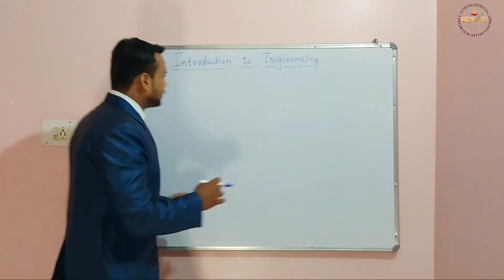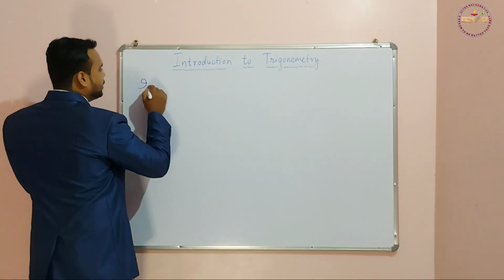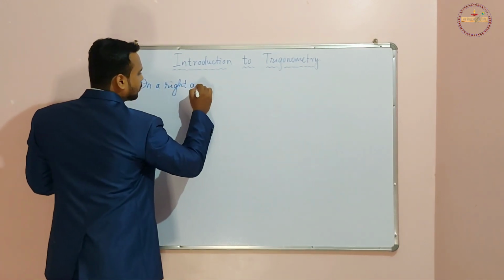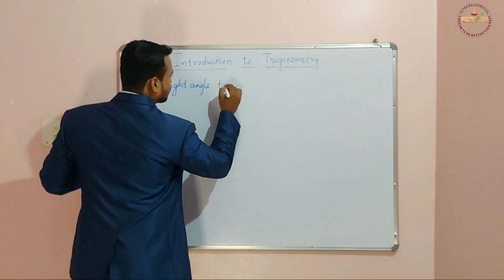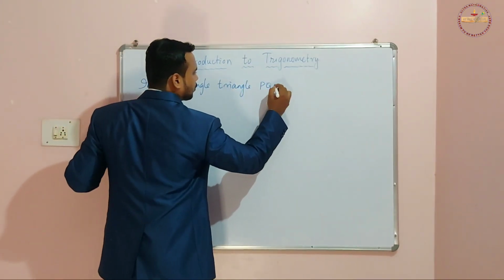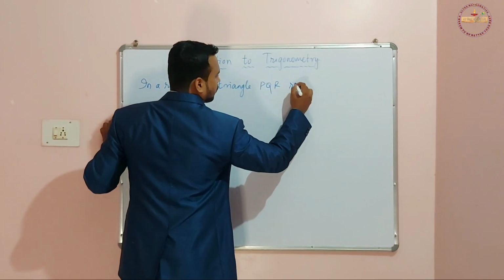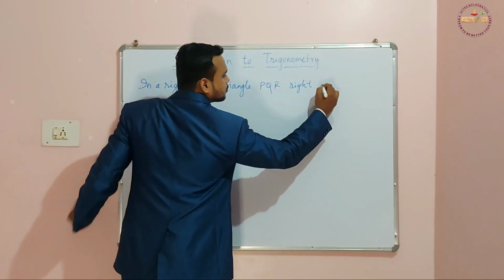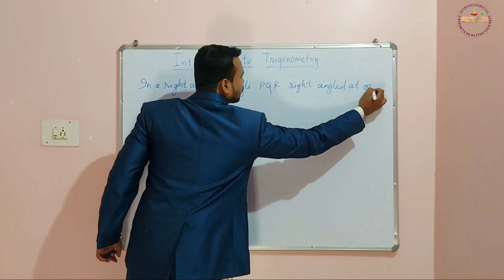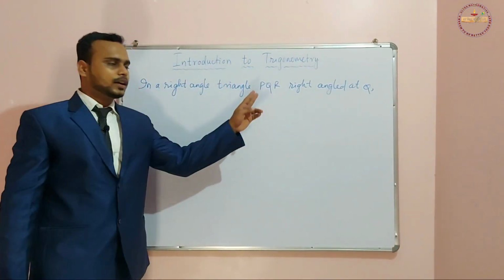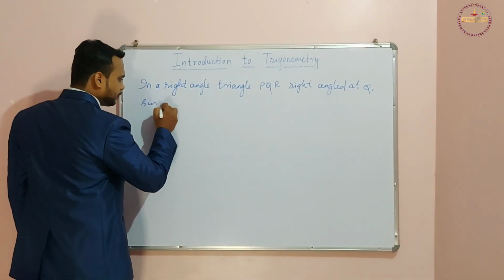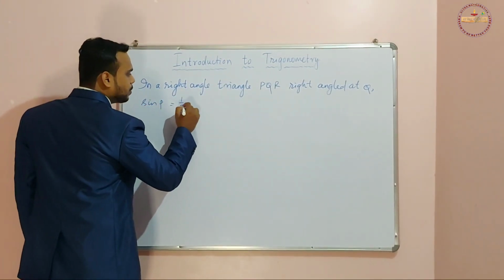Suppose the problem is like this. In a right angle triangle PQR, right angled at Q, sin P is equal to 1 by 3.